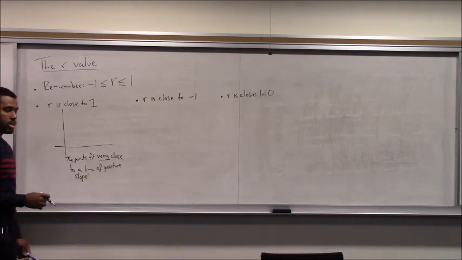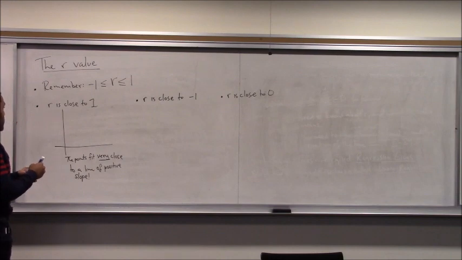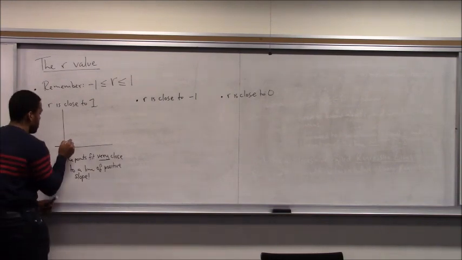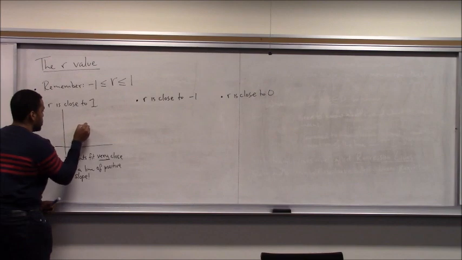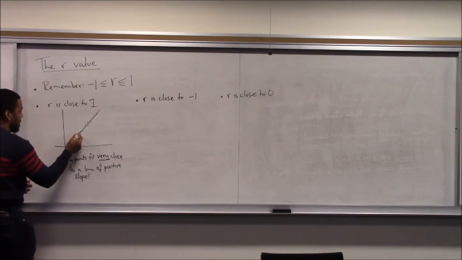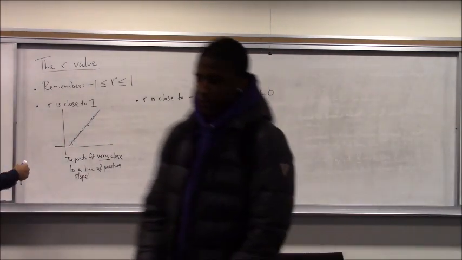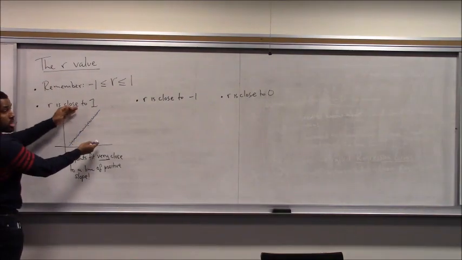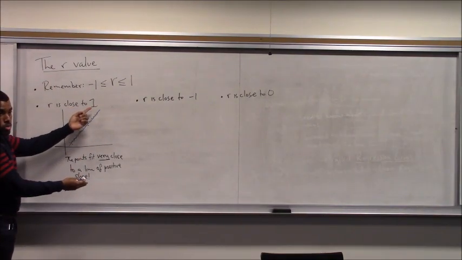The closer it gets to 1, the tighter the fit is. So you can have something like this, where the points are super close together, very tight, fitting towards a line that has a positive slope. Now the more spread out the points become, the farther away from 1 you will go.